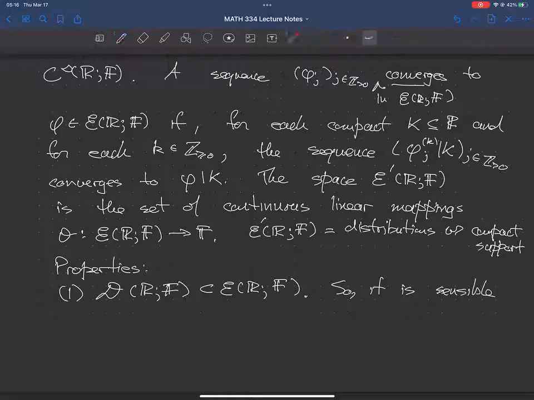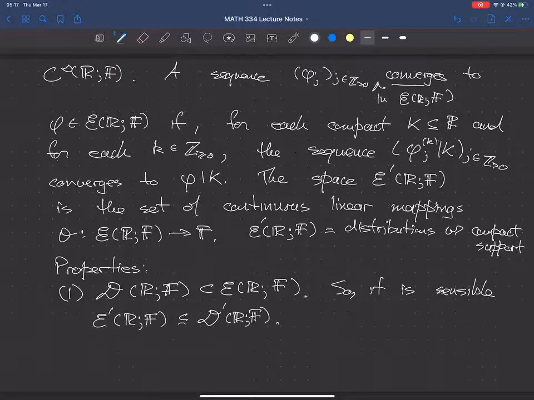So it is sensible that when you take duals, the duals should reverse the inclusion. Again, it's because you're requiring continuity on a smaller collection of functions, and continuity on a smaller collection of functions should lead to a larger number of continuous things. So it's sensible that E prime should be contained in D prime.